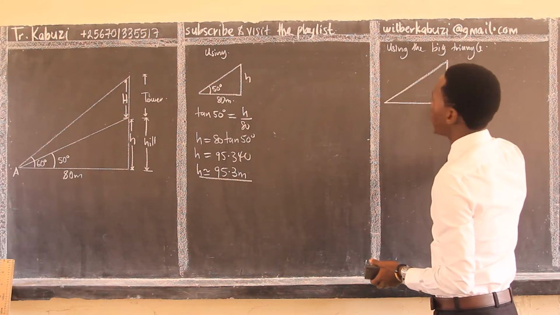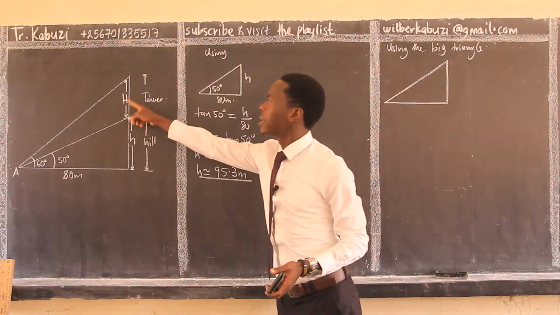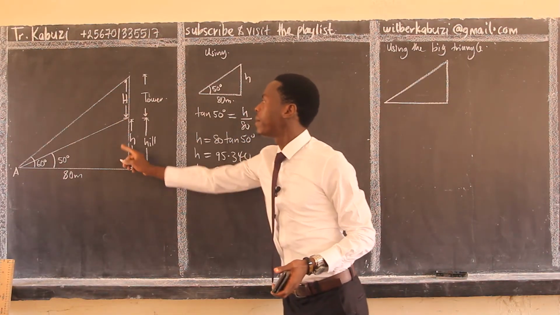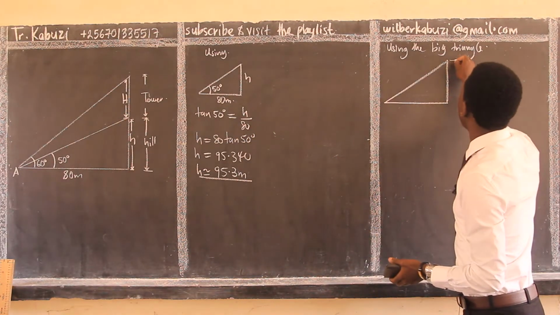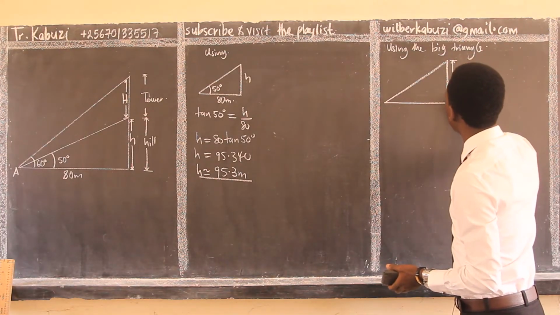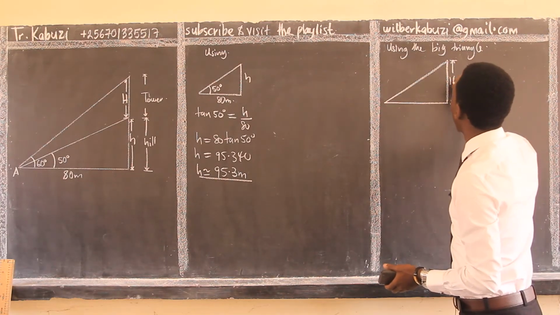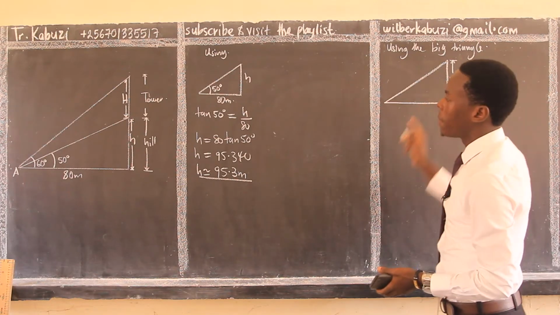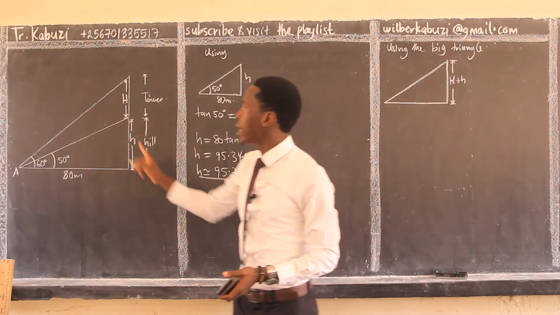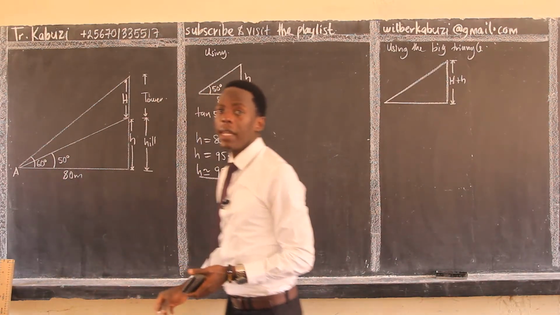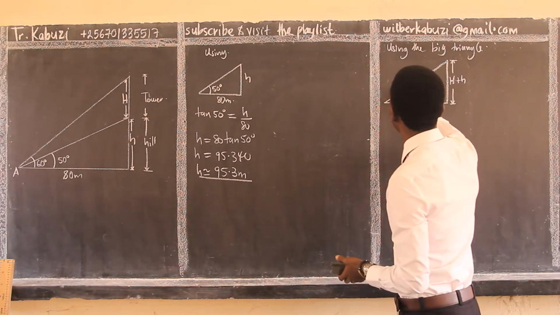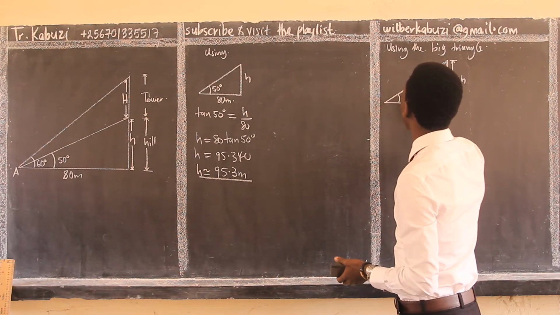Remember, the big triangle has the height of capital H plus small h, from here up to down. But remember, the angle of elevation up to here is going to be 60, so the whole of this angle is 60 degrees.